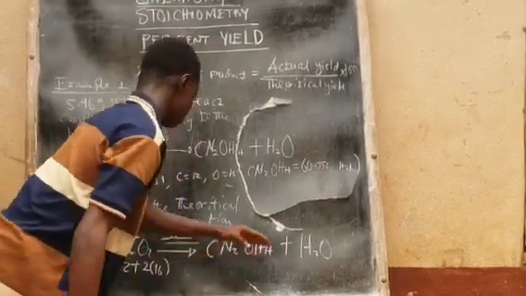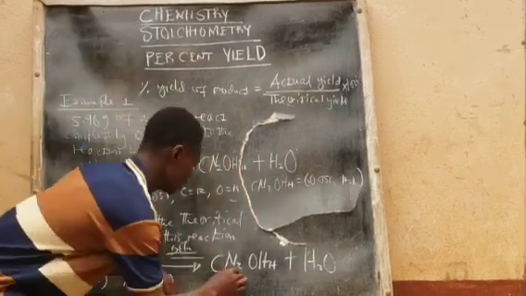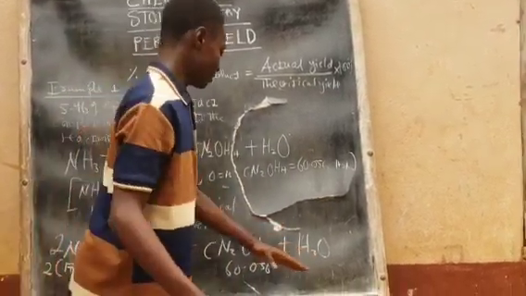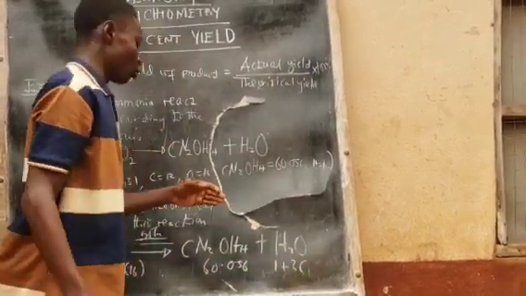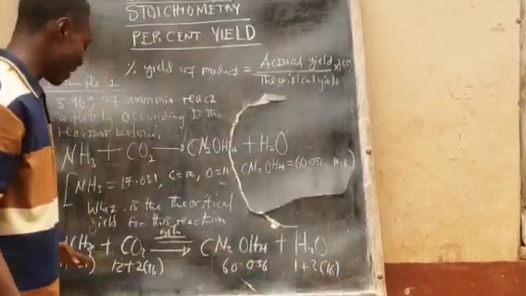And what is the molar mass for urea? It is 60.05. And the molar mass of water is hydrogen, 1, plus 2 into 16 for oxygen. So this is how we find the reacting mass.